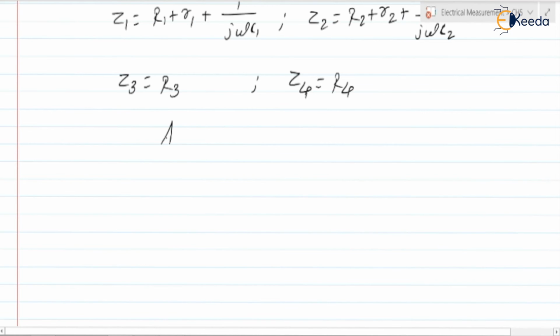At bridge balance we can write Z1 Z4 is equal to Z2 into Z3.